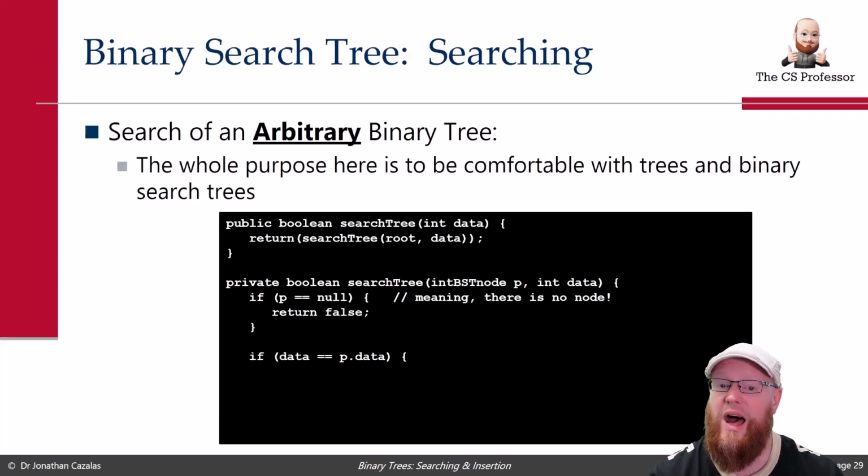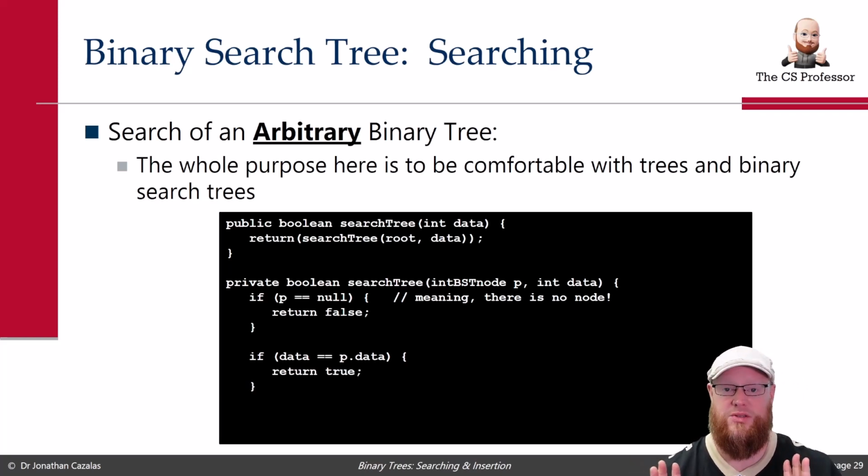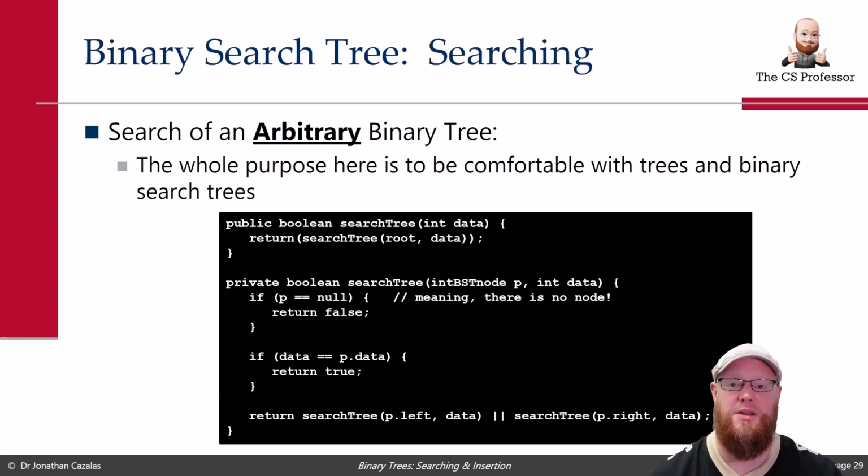Now, if we find the data value at P, so if data equals P.data, return true. Else, we have not found it. What do we do? We look everywhere. We look on the left, we look on the right, and we OR those 2 results together.